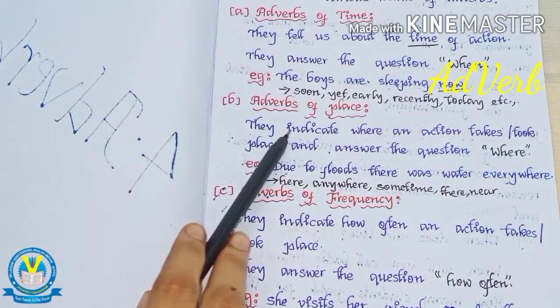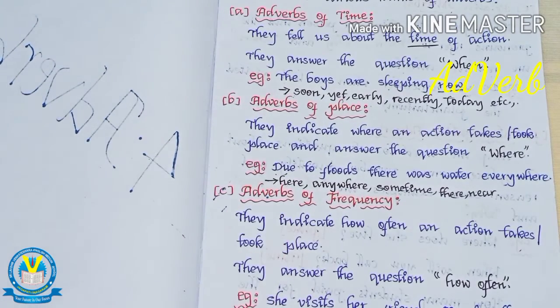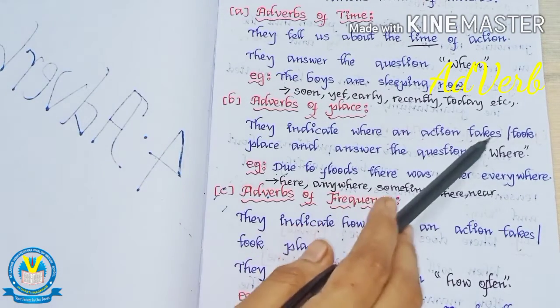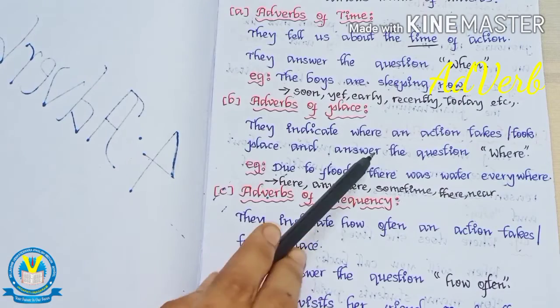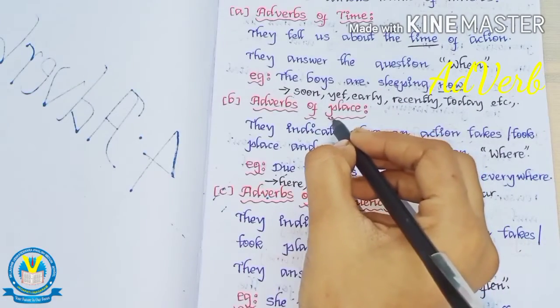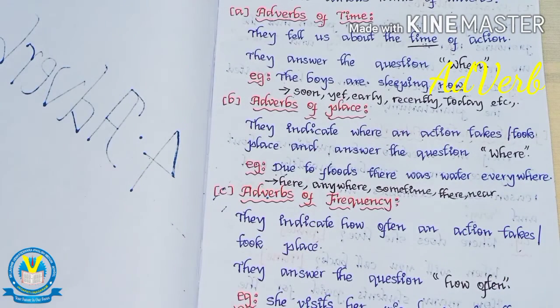And the next one is adverbs of place. They indicate where an action takes or took place and answer the question where. The question itself says about the place on which the party, the event, the moment, the situation has taken place.